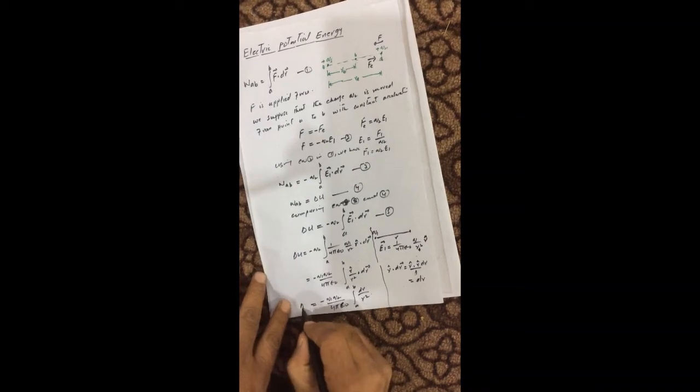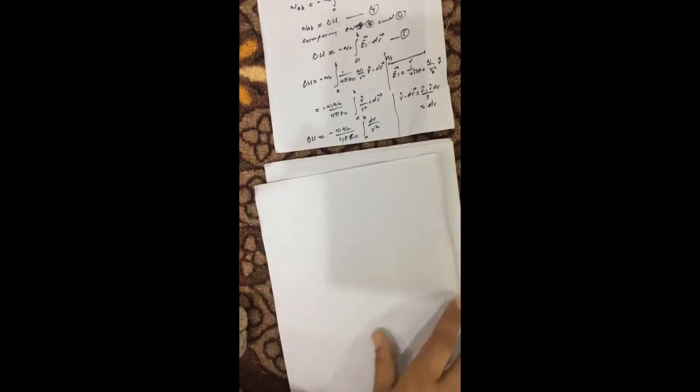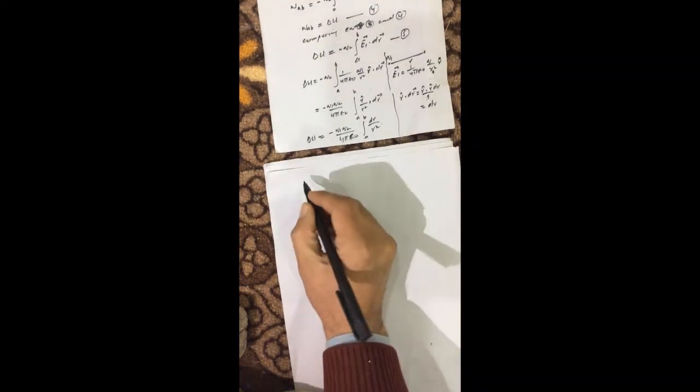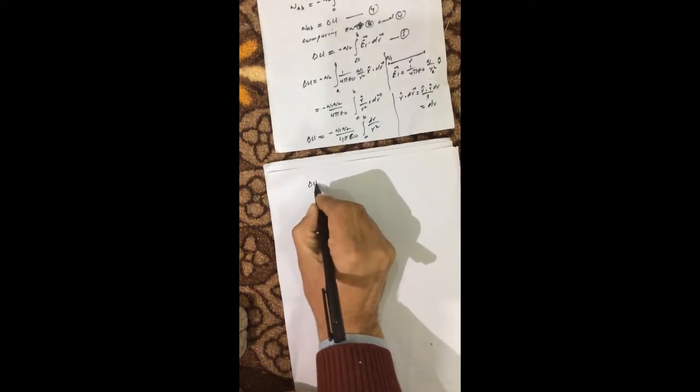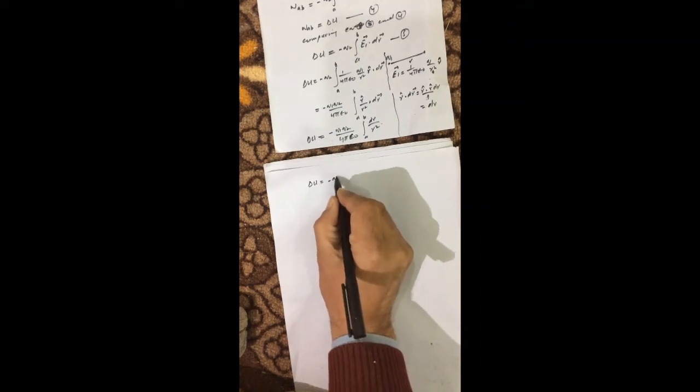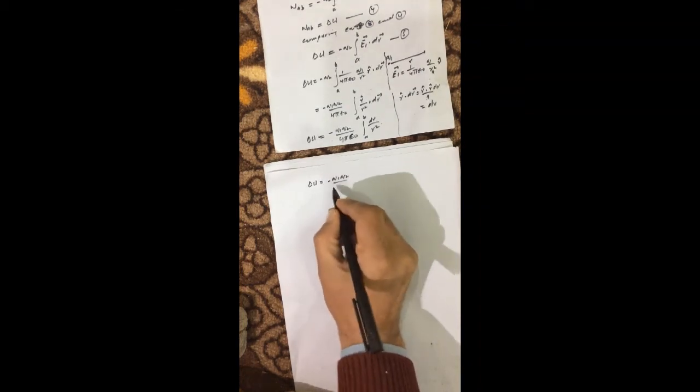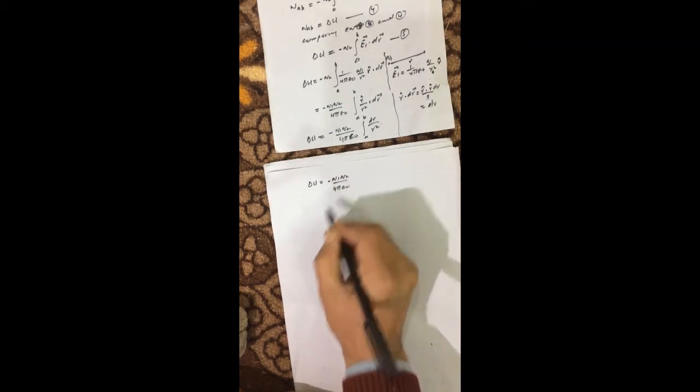This is the change in potential energy, delta U. Now I can write it as delta U, which is equal to minus Q1 Q2 over 4 pi epsilon naught.